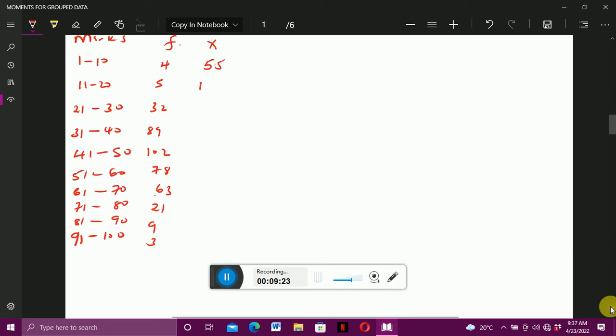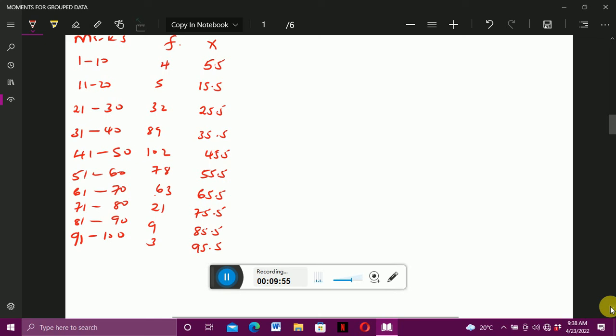The other one is automatically 15.5. The other one is 25.5, 35.5, 45.5, 55.5, 65.5, 75.5, 85.5, and 95.5. So those are the midpoints.